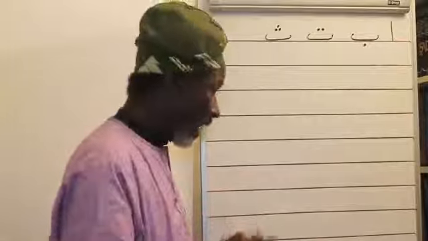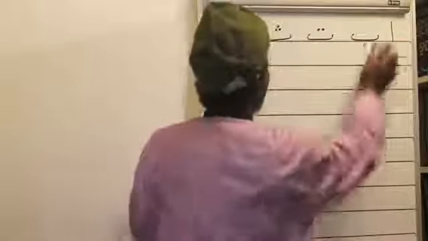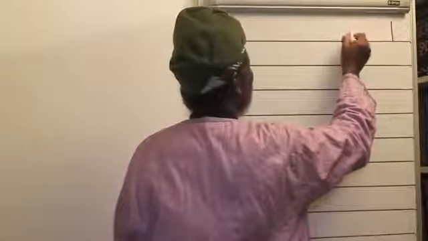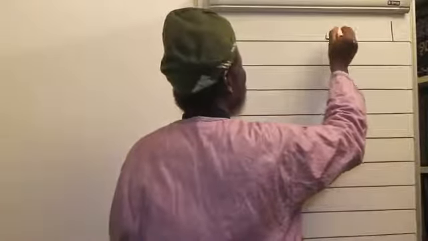If I test you now, I say, okay, write ta for me. All you have to do is remember the shape and try to remember the dots to trigger the ta. So you will remember that you have the boat family and you have two dots, that's ta. What about if I say write ba for me?